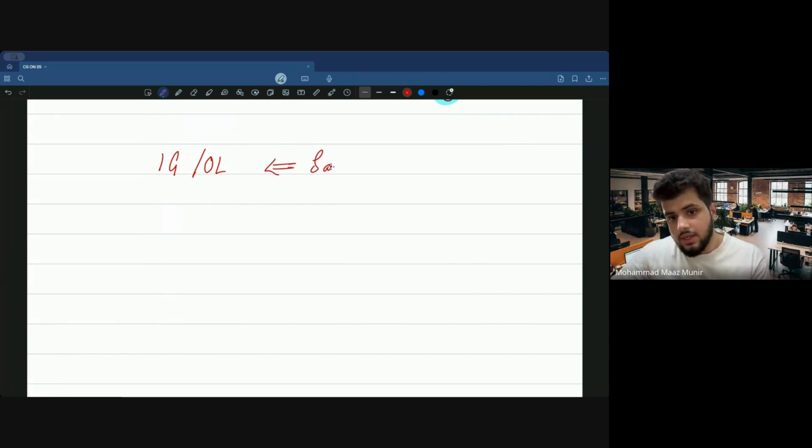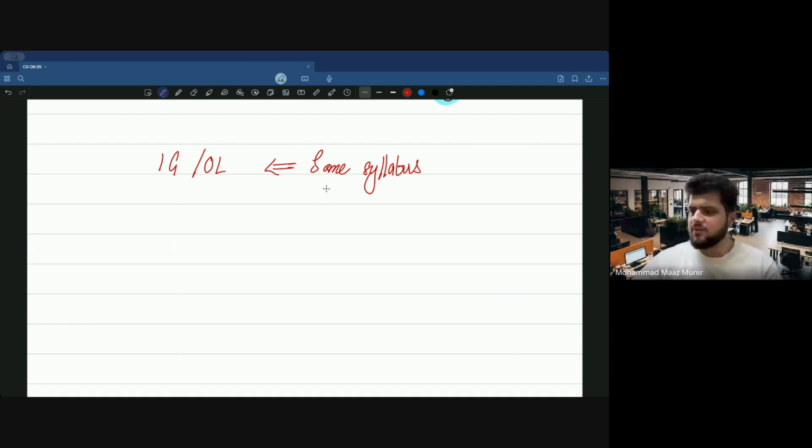That's pretty important because kids usually tend to believe that the IGCSE syllabus is different from the O level syllabus. So your O level syllabus code, let me just confirm it because I personally did IGCSE, I believe it's 2210 O level CS. Yeah, it's 2210.